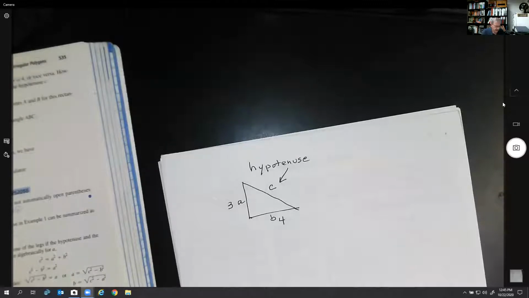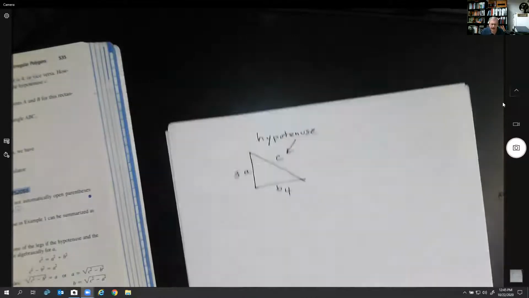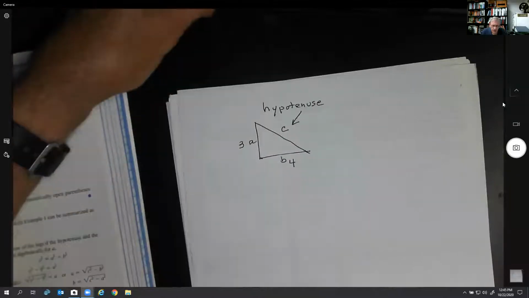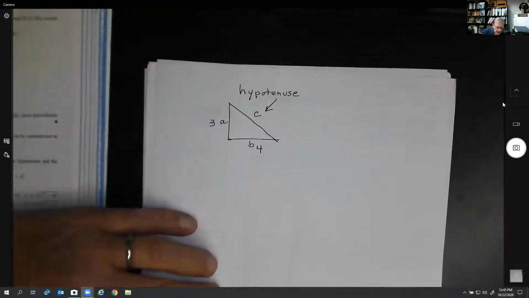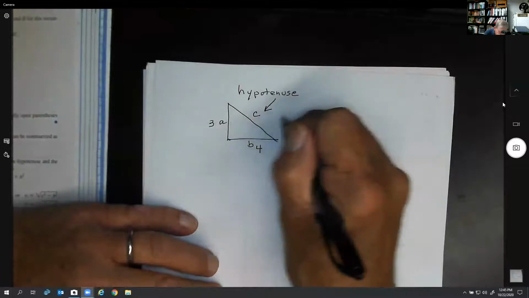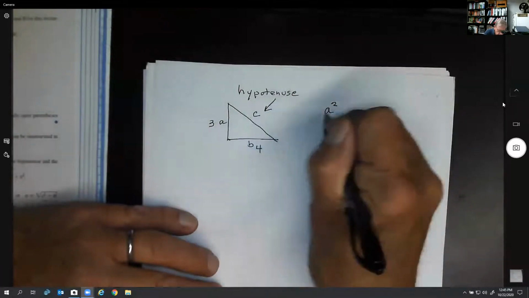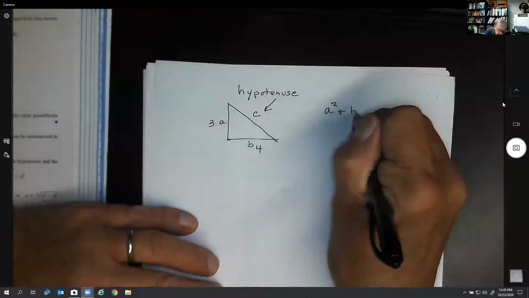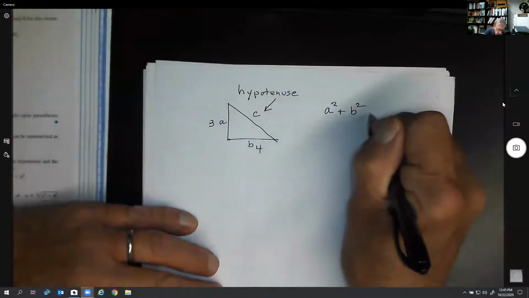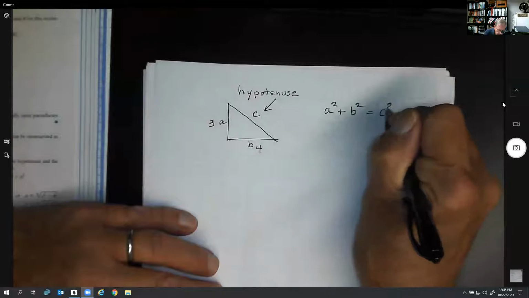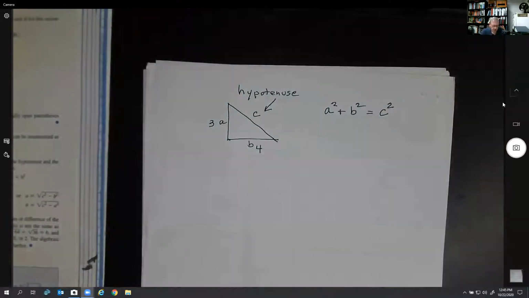Well, a guy named Pythagoras, hundreds of years ago, might be the oldest formula that we have, came up with this formula right here for finding the hypotenuse. He said that side A squared, plus side B squared, equals side C squared. It's one of the oldest formulas there is.